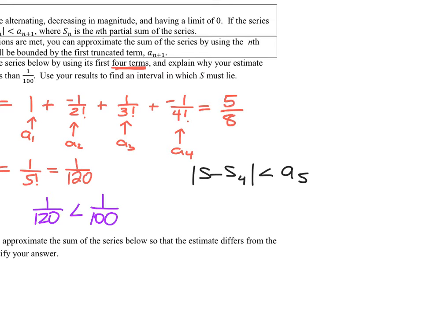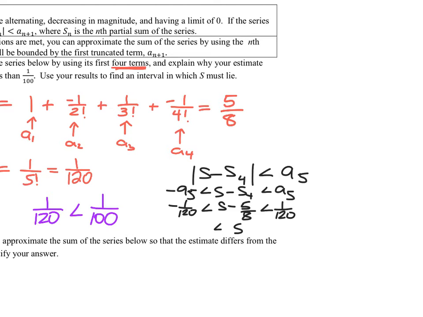What this means algebraically is that S minus S sub 4 is going to be between negative a sub 5 and positive a sub 5. Getting particular here, it tells me that negative 1 over 120 is going to be less than S minus 5/8, which in turn will be less than 1 over 120.